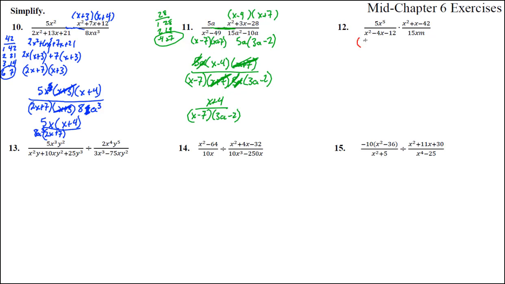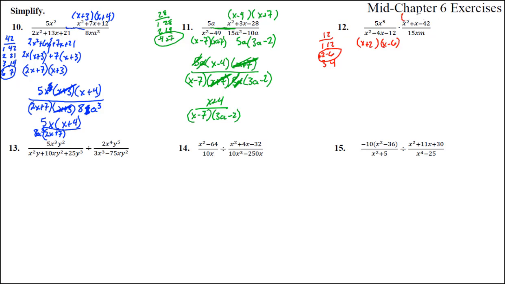Factor the bottom here, and this is, what times to 12? So 1 and a 12, 2 and a 6, 3 and a 4. Subtracts to a 4. That's a negative 6 and a positive 2, so that's leading coefficient 1, so we get to do just x plus 2, x minus 6.